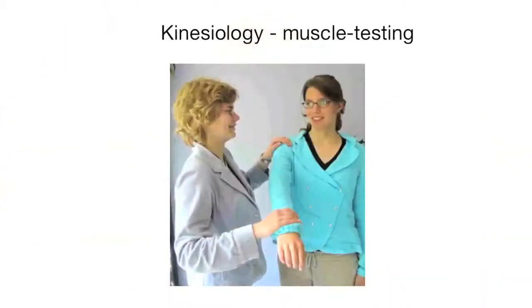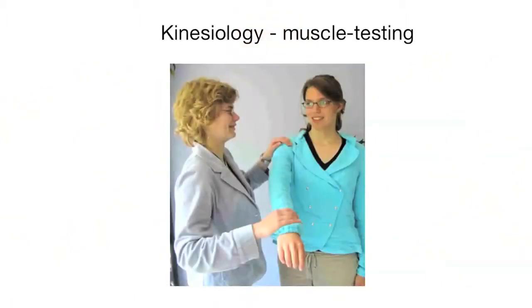A good example of this is what's called kinesiology, also known as muscle testing. You may have done this before, it's quite common, but you can easily do this with your friends and check it out. One example is you put your arm out, for example, like in this picture here, and you test to see if it's weak or strong when your friend pushes down on it.